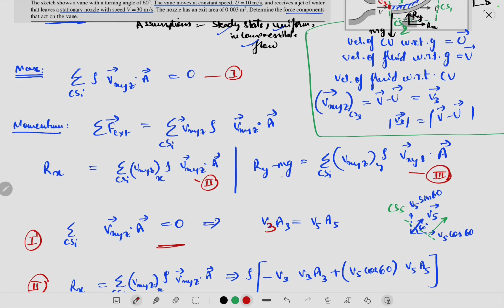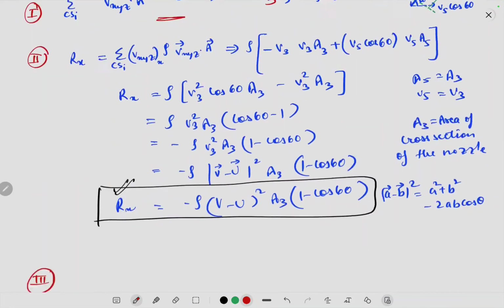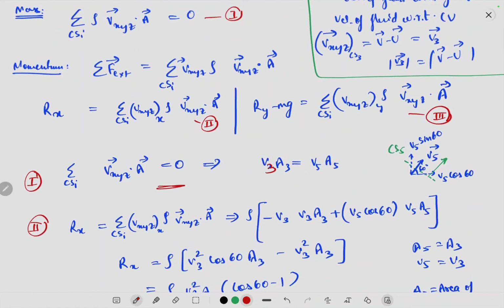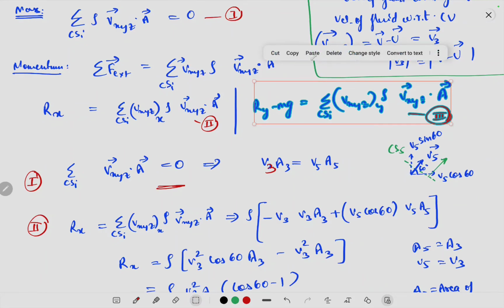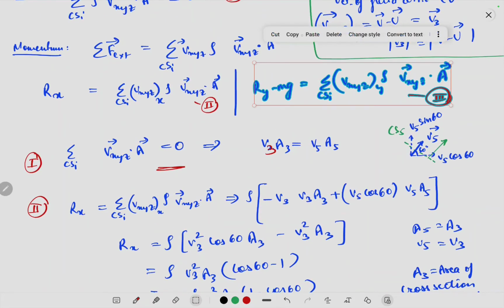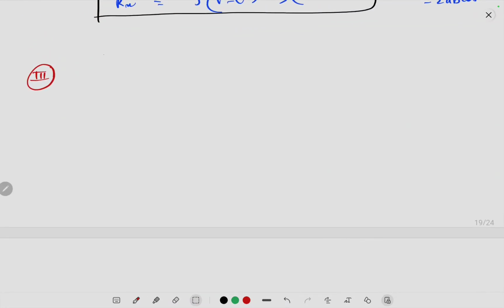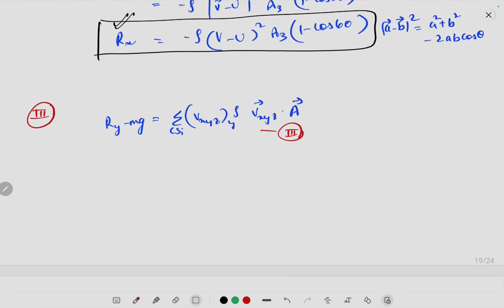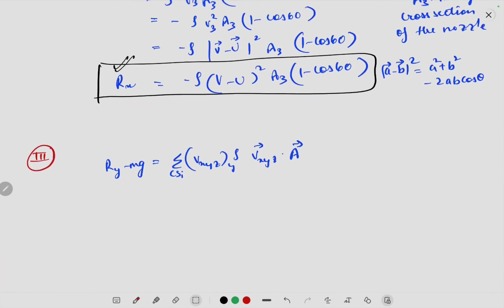So this will become Ry minus mg equal to the summation over CS of v_xyz along y times rho v_xyz dot A. Now our task is to find Ry.